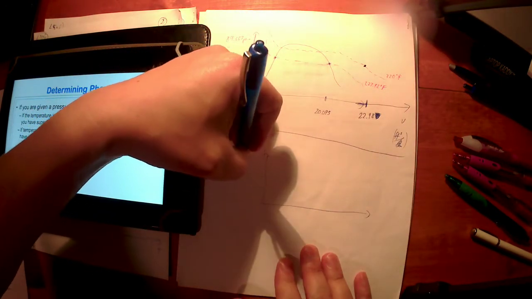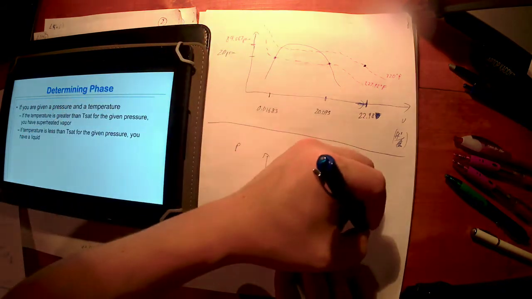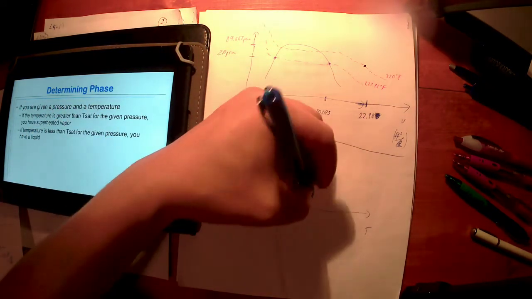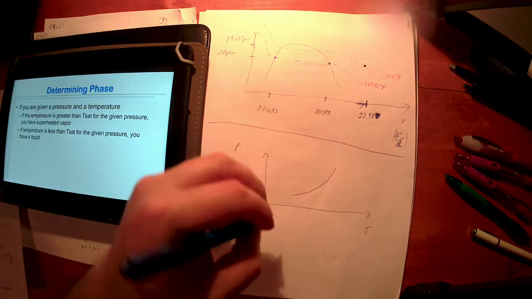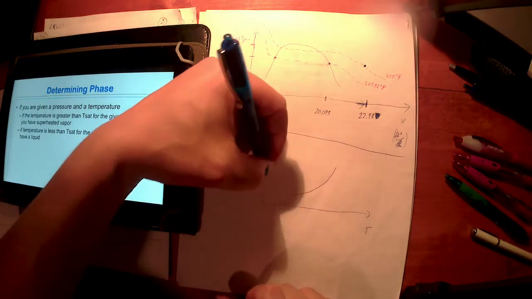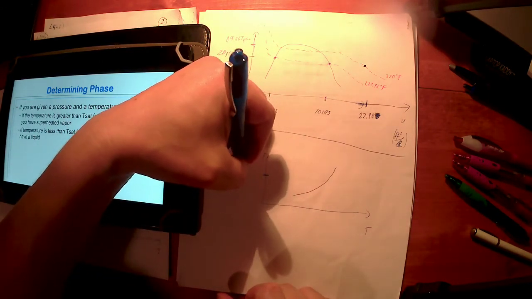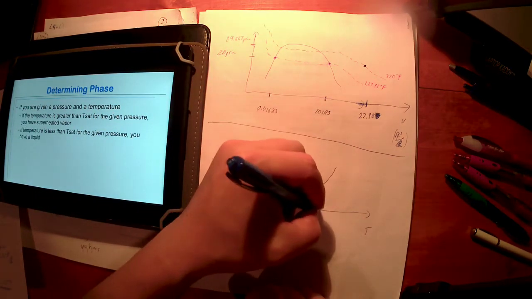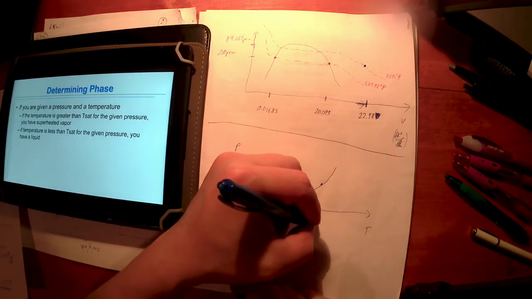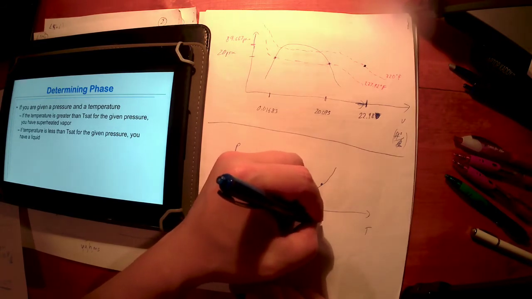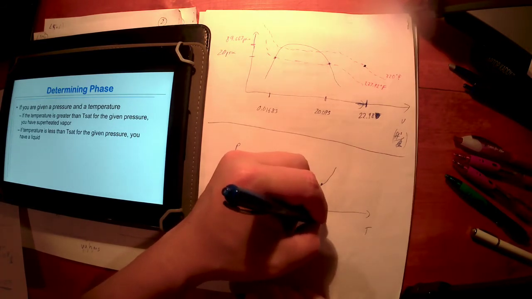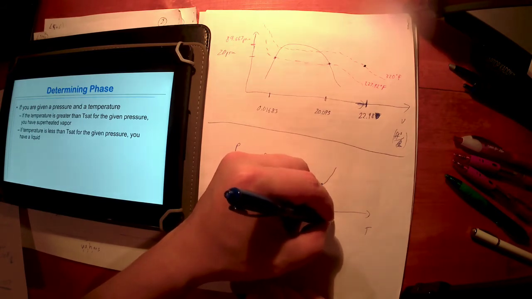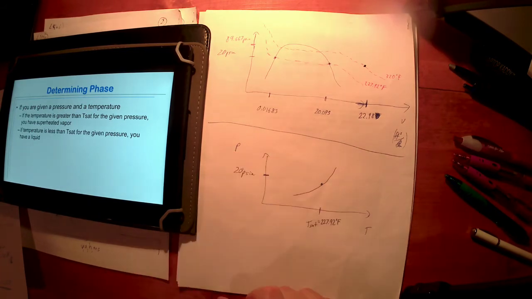If I plot P and T here, let's say I know 20 psi. Well, I know the saturated temperature, I can go look that up, is about 228, 227.92 degrees Fahrenheit.